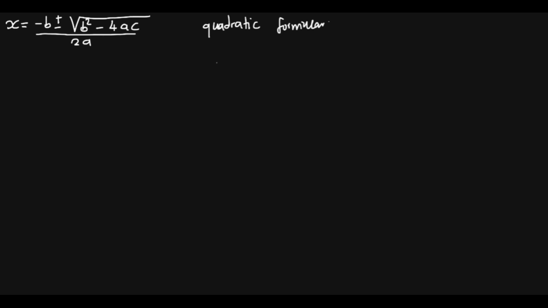So let's find the first example. We are going to solve x squared minus 2x minus 15 is equal to 0. The quadratic form is ax squared plus bx plus c is equal to 0.